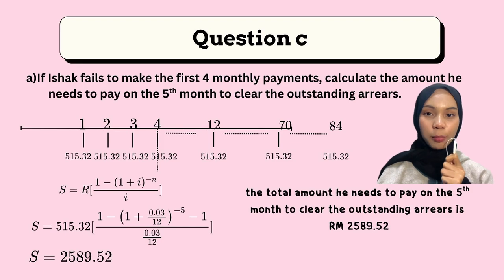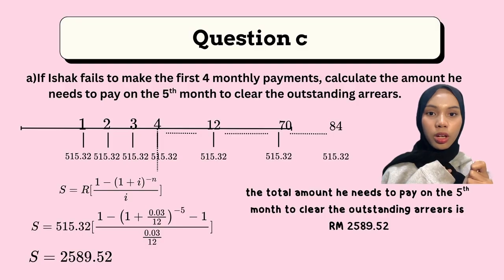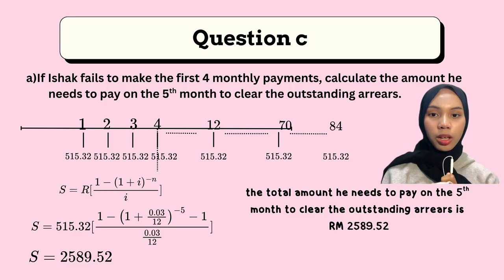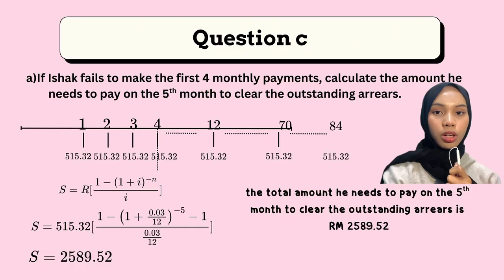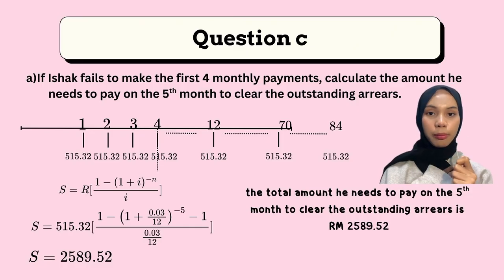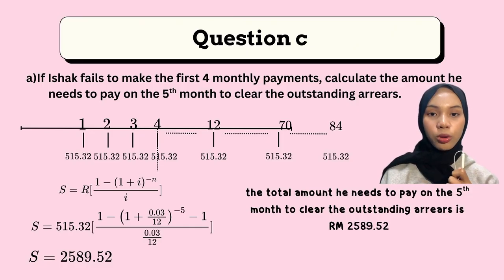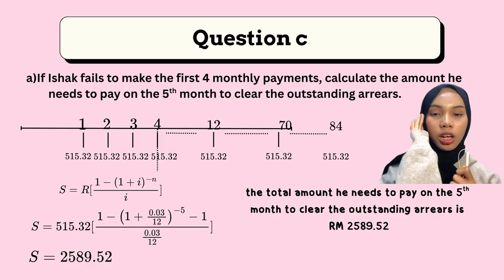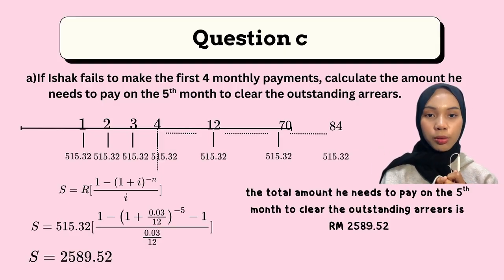Lastly, I will explain part C. In this part, Isha failed to make 4 monthly payments. When payments are missed, interest continues to accumulate on the unpaid installments. To find the total arrears that Isha needs to pay in the 5th month, we calculate the future value of the missed payments. This calculation takes into account the monthly interest rate and the number of months each payment has been overdue.